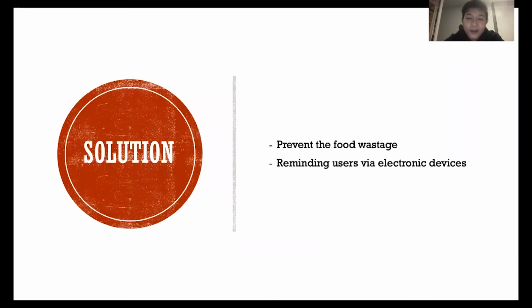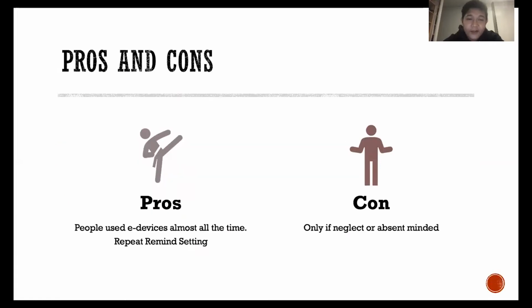Our product can be a solution to prevent food wastage, but how? Our application can remind the user through electronic devices. There are pros and cons of using our application. The pro is that people use electronic devices almost all the time and have them in their hand, so we can remind them.